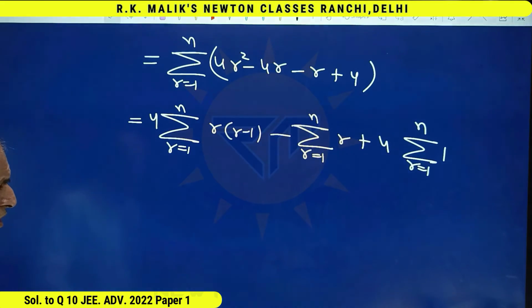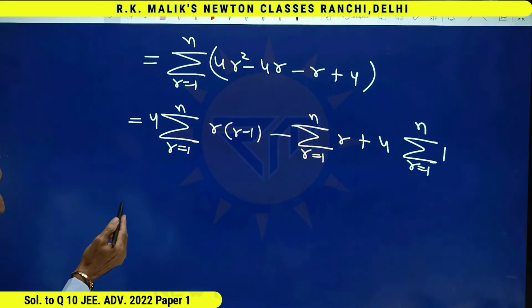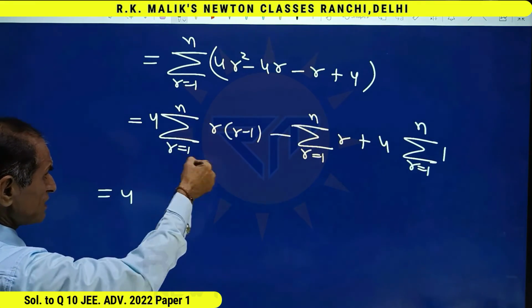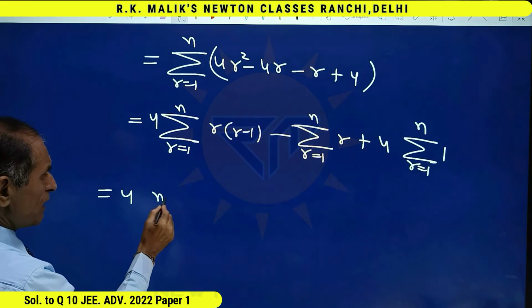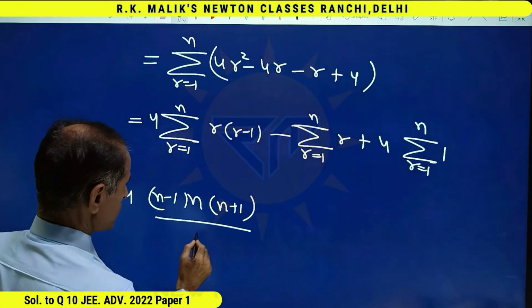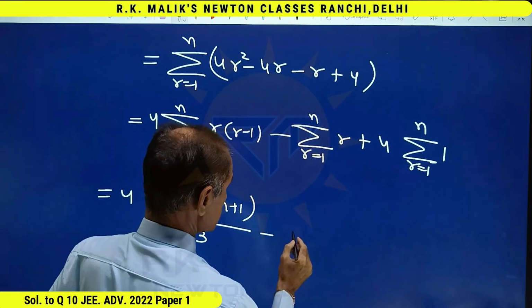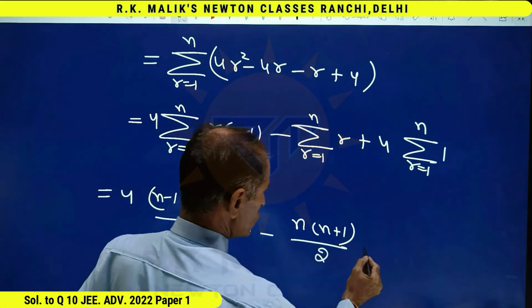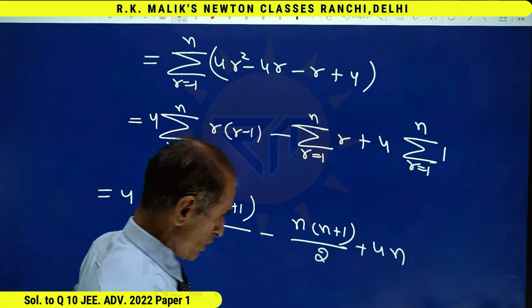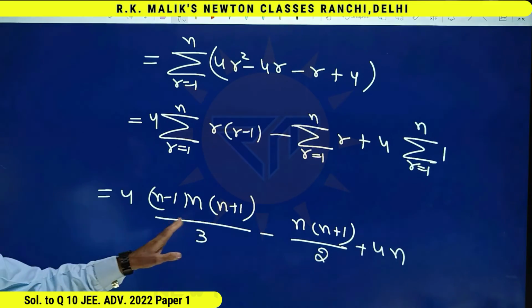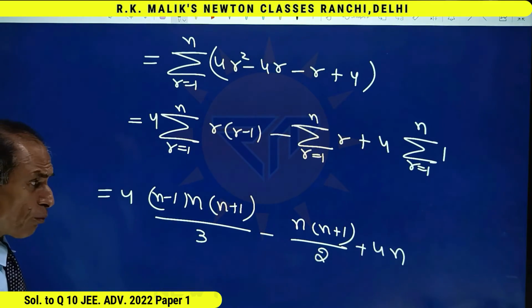What I mean to say and what is the benefit of it, you will understand. Let me complete it. 4, in this case sum of n terms will be n minus 1 into n into n plus 1 by 3 minus n into n plus 1 by 2 plus 4n. You can see very easily there is symmetry in these. Terms can be easily taken common.